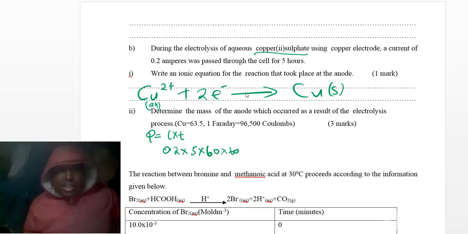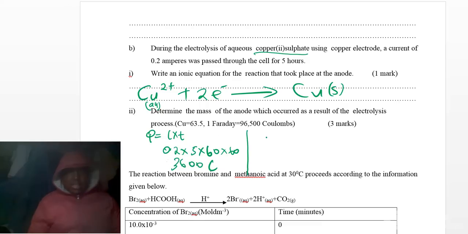When calculating this one, time must be in seconds. So when you multiply this, you get 36 coulombs.